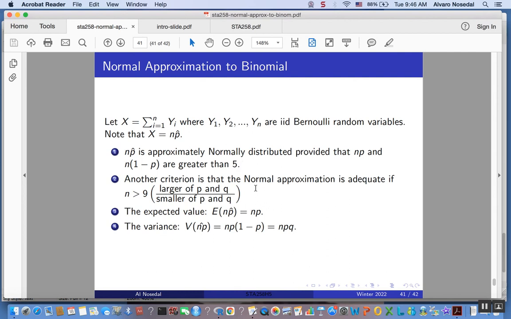So basically the idea here is to show you that the central limit theorem can be used to approximate some interesting sampling distributions, probability distributions for statistics of interest, like the sample proportion.